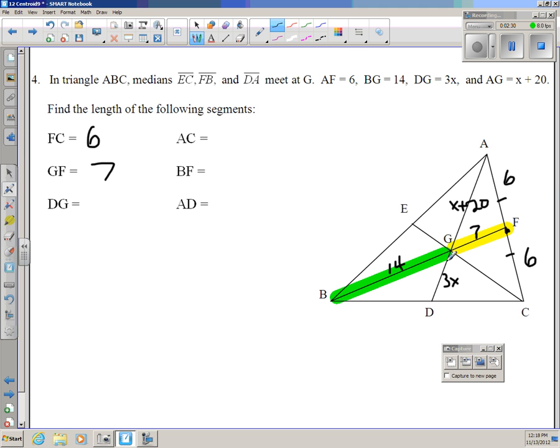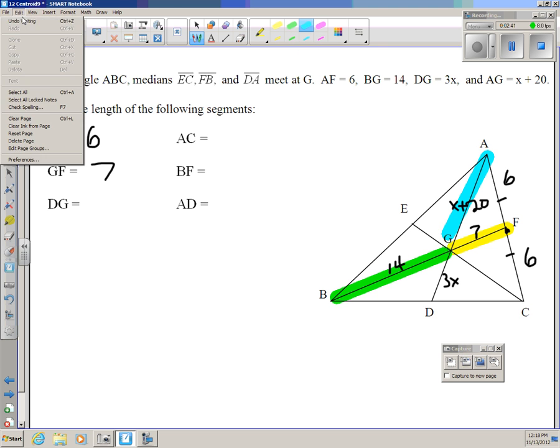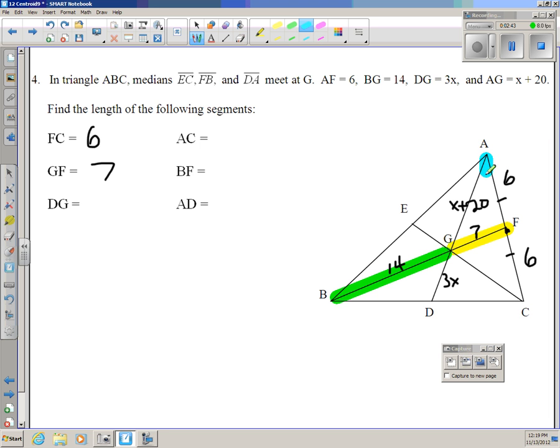DG. Now DG is interesting because we don't know any particular measurement along this segment, along this median. But I do know that this little guy here is 3x, and the big guy here is x plus 20.